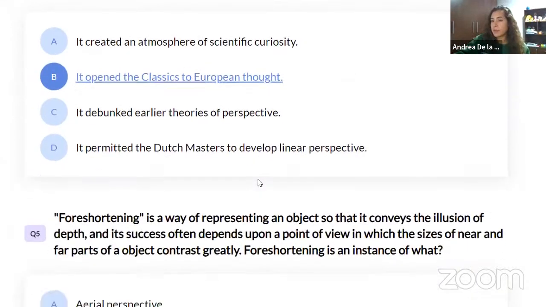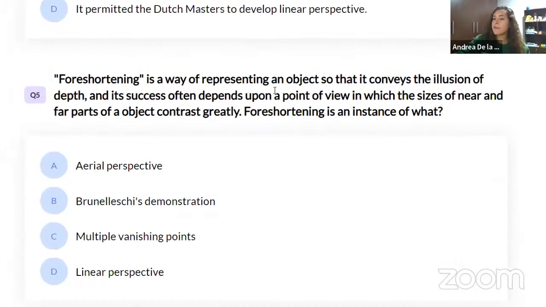We'll see. And finally, we have: foreshortening is a way of representing an object so that it conveys the illusion of depth. And its success often depends upon a point of view in which the sizes of near and far parts of an object contrast greatly. Foreshortening is an instance of what?